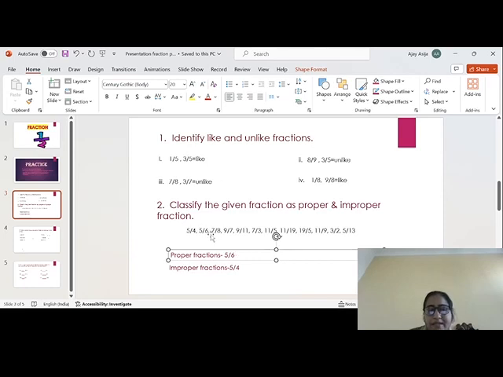7 by 8. In 7 by 8, numerator is less than the denominator.